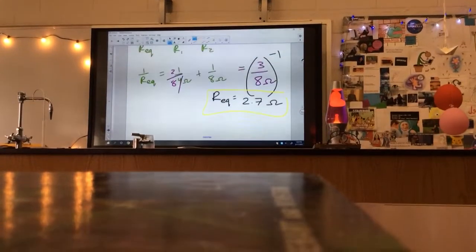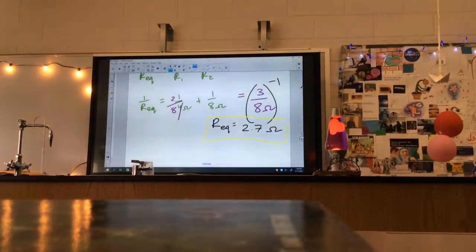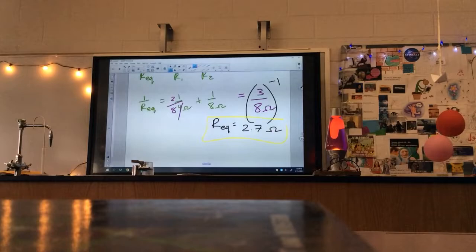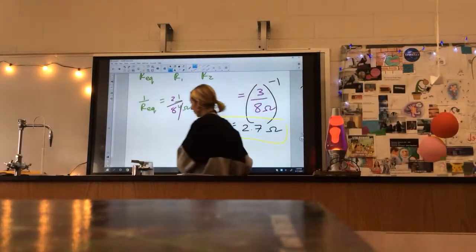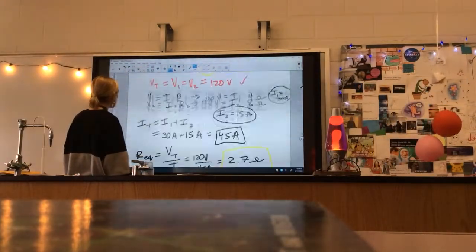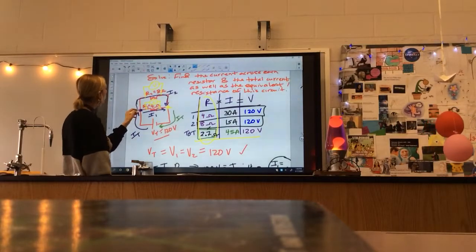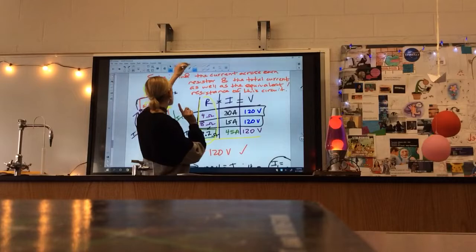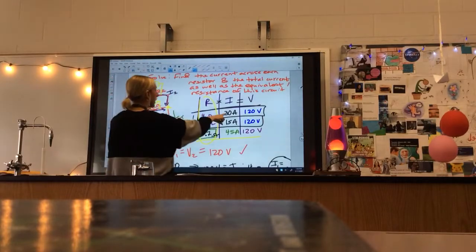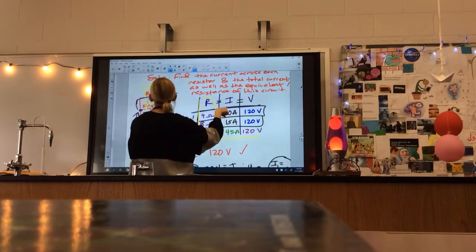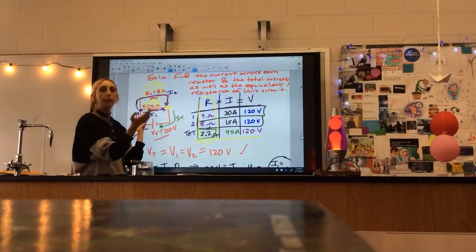Okay. If I wanted to get a measurement of the current through branch 1, right? Just across resistor 1. Let's say I want to get that 30 amp measurement. How am I going to do it? Where should I put the ammeter?